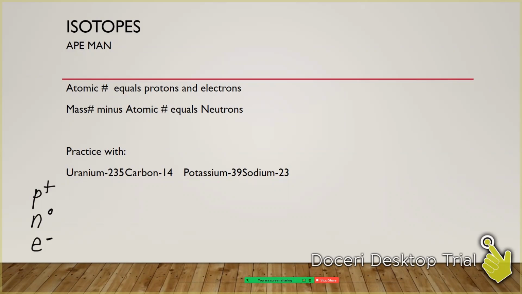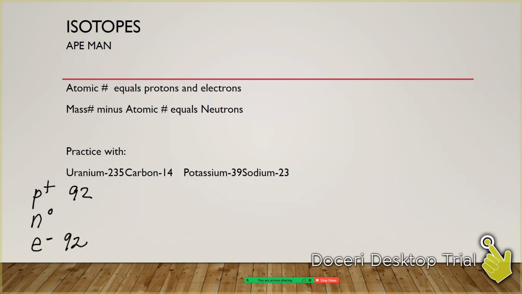So what is its atomic number? 92, right? So that means it has 92 protons. And because it's neutral, it also has 92 electrons.